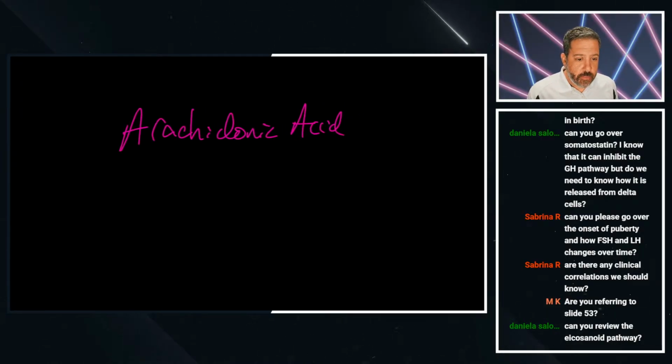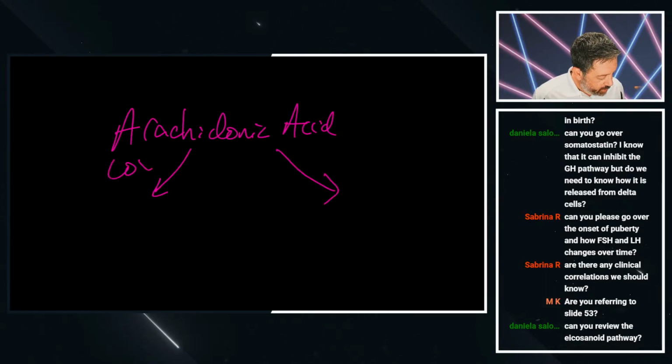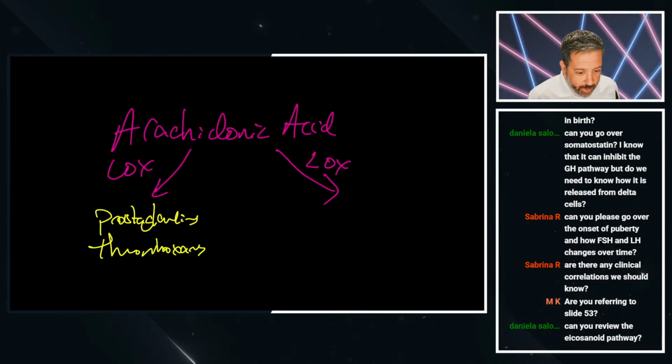arachidonic acid. Arachidonic acid will go through two pathways, the COX pathway and the LOX pathway. The COX pathway is going to give you your prostaglandins and your thromboxanes. The LOX pathway is going to give you your leukotrienes.